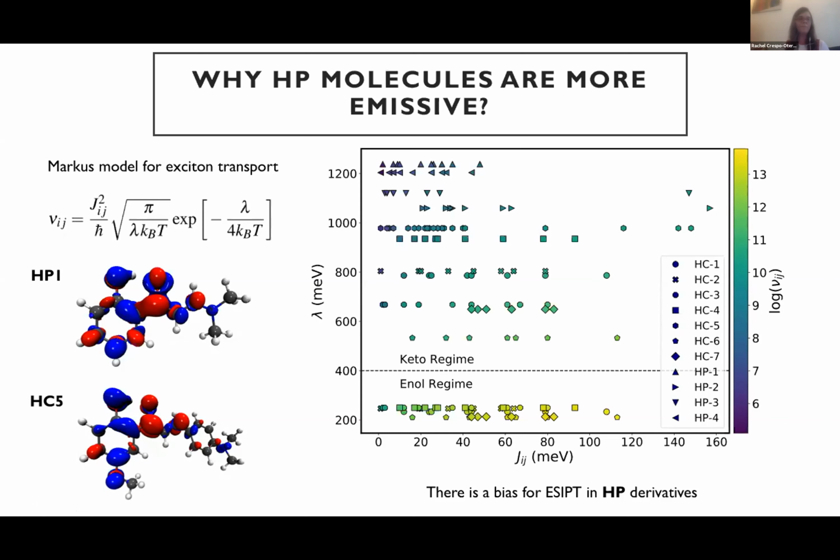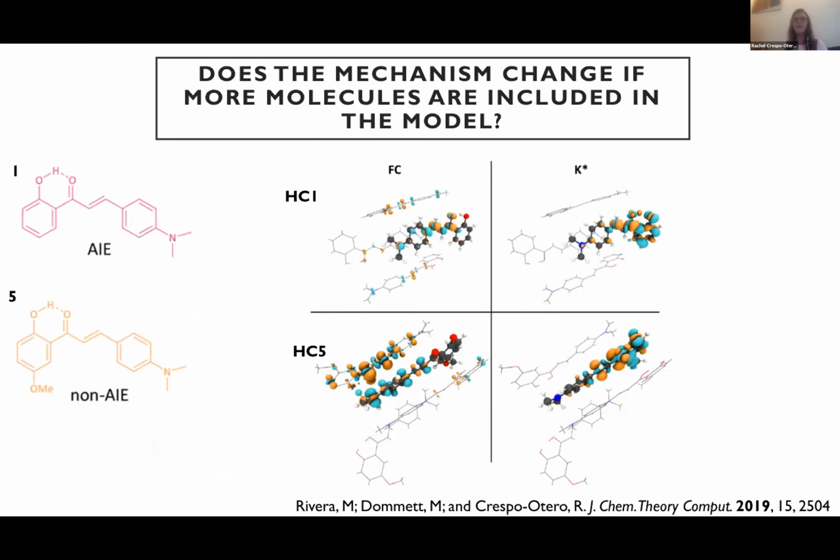So one last question to answer is, does this mechanism change if you take into account more molecules in the model? We have done tests using 2, 3, 4 molecules in the QM region.